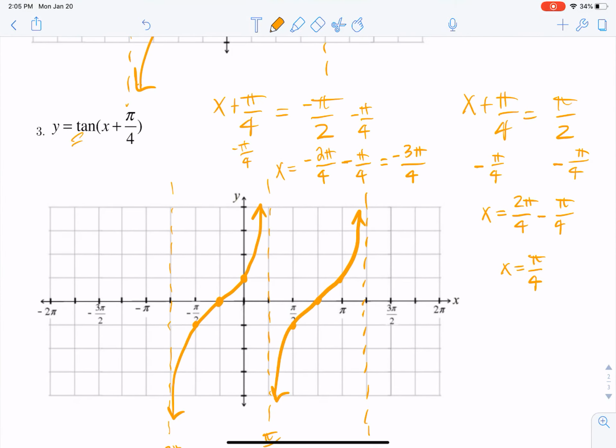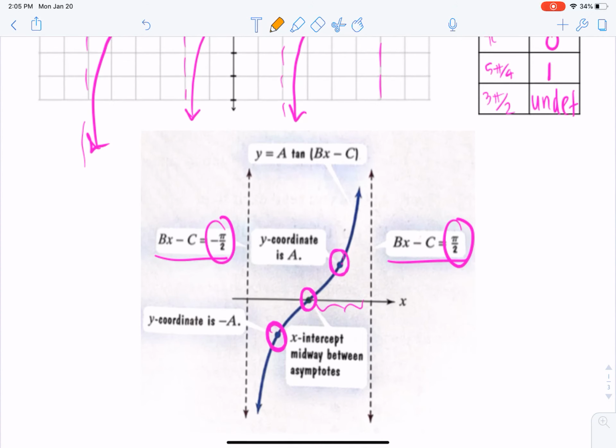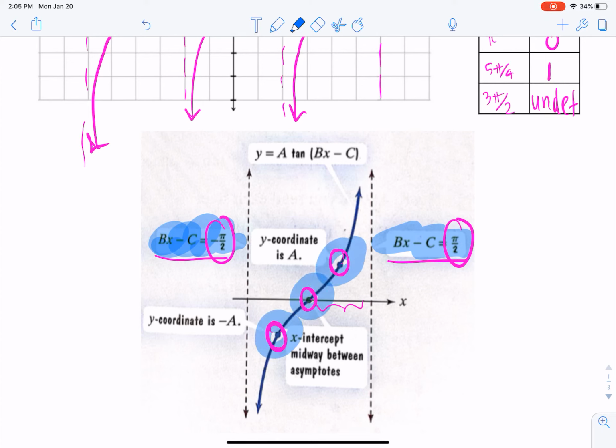So there's graphing tangent. So big takeaway here, guys, is this piece here. So to keep finding that bx minus c, setting it equal to negative pi over 2 and pi over 2, and then finding my 3 coordinate points here. And again, it ends up acting, for a technical term here, we could call it swoopy if you would like.